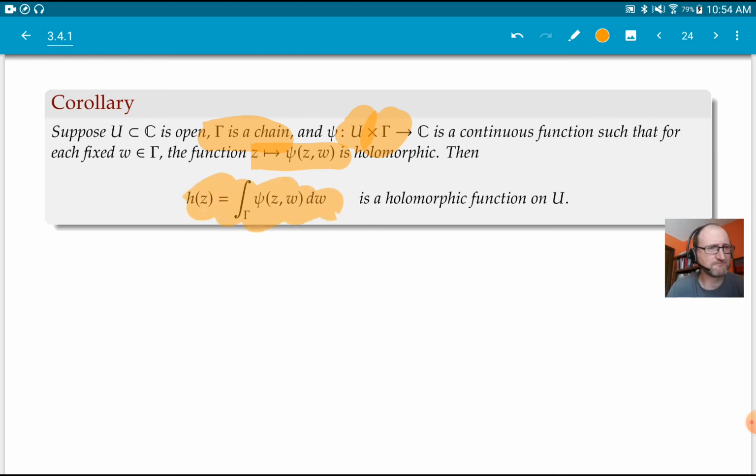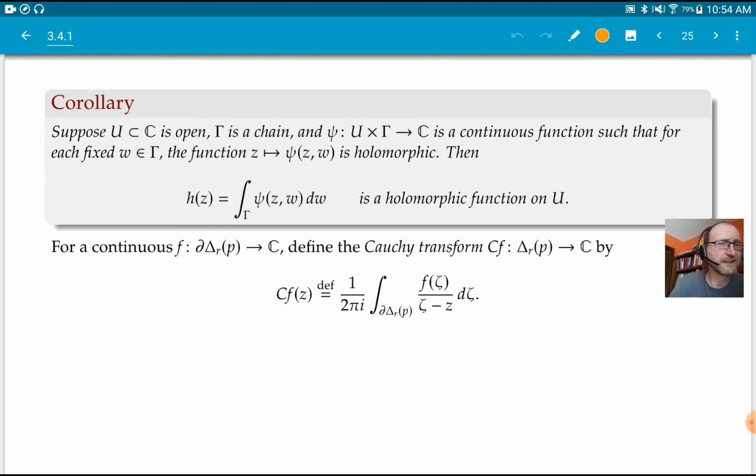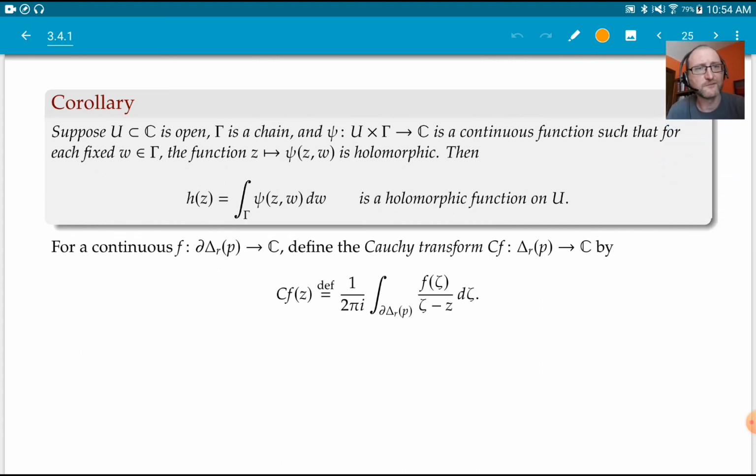So, nothing new. It's basically just using the lemma, but it's the way that we want to think of it in a bunch of these applications. So that's why I'm writing it.